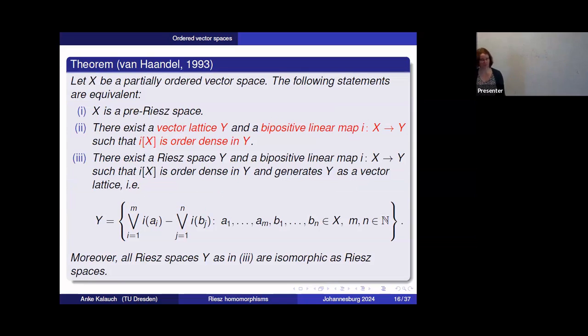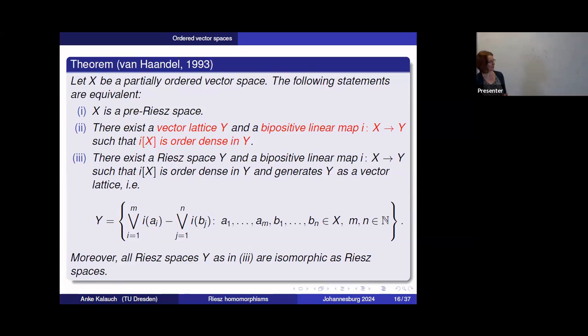So what is the nice thing about previous spaces? It is that these ordered vector spaces can be embedded order densely in an ambient vector lattice Y. So there exists a vector lattice Y and a bipositive linear map, as in the case of the Dedekind completion we just had, such that the image under this embedding is order dense in Y. We already saw that all these Archimedean directed spaces have the Dedekind completion, so they are previous spaces, but there are more previous spaces.